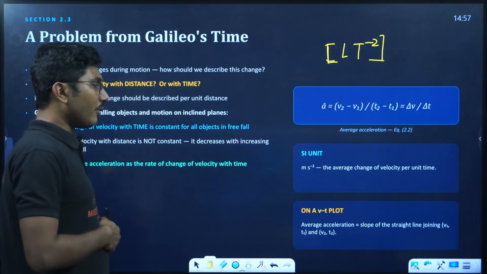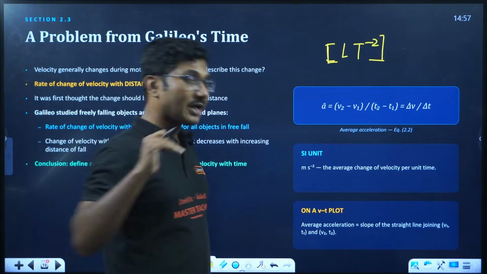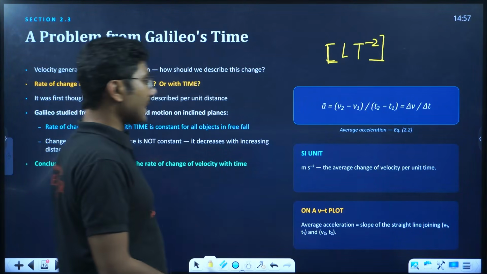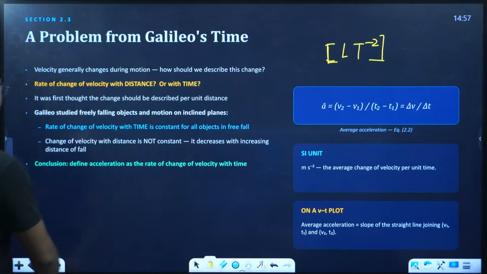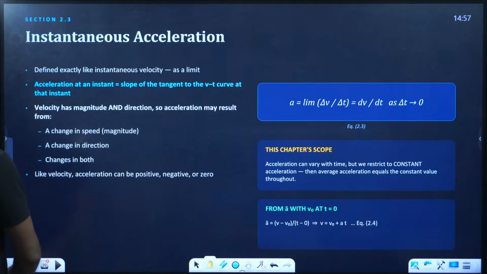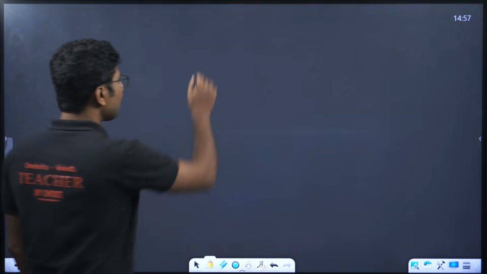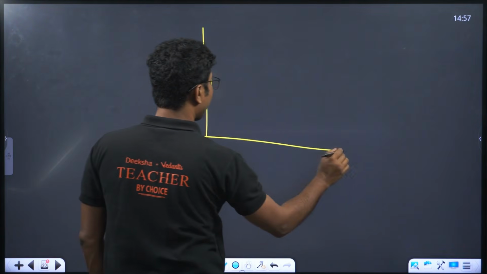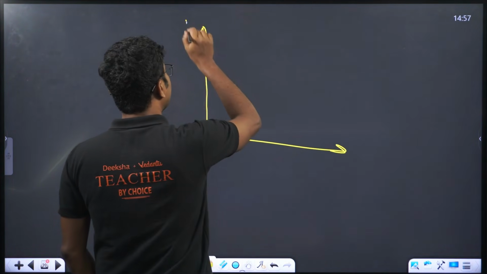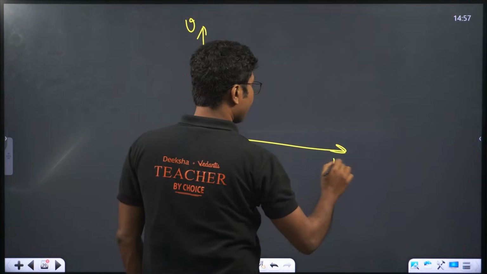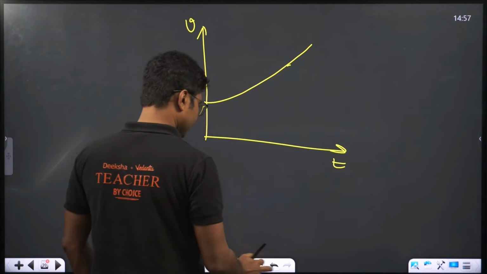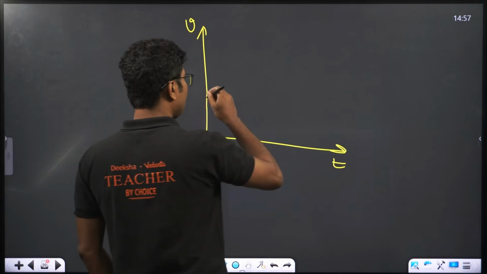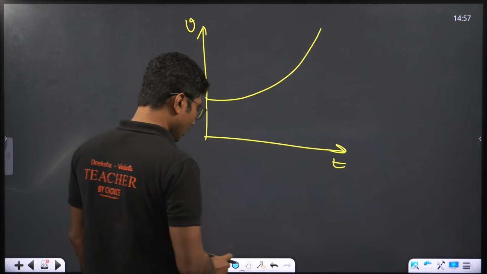Okay, now on a velocity versus time graph, if you plot average acceleration, it is the slope of the straight line joining the velocity points. So suppose this is the velocity time graph, here it is velocity versus time.